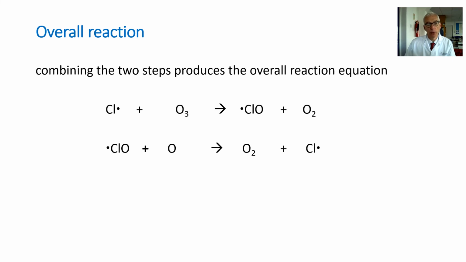Okay, so if we look at combining the two steps to produce an overall reaction equation, have a go at that, and then I will show you my method. So pause the video and come up with one overall reaction from those two steps.